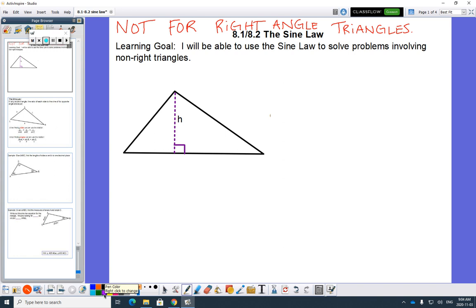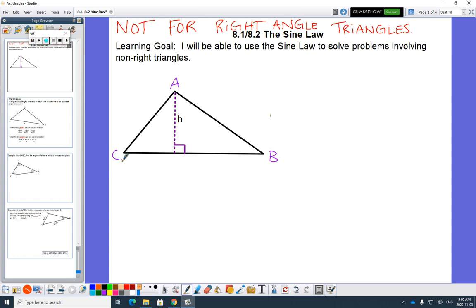So the vertices, the angles, we're going to use capital letters. And then the side across from that angle is going to be the corresponding side, we call it. And when we label the side lengths, we use lowercase letters.